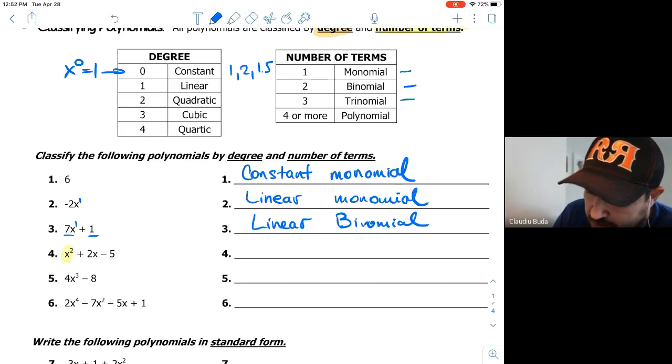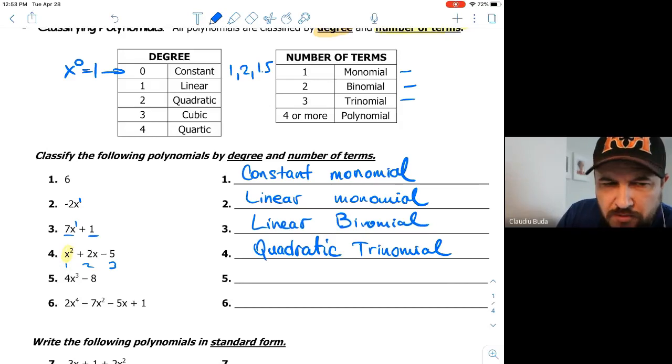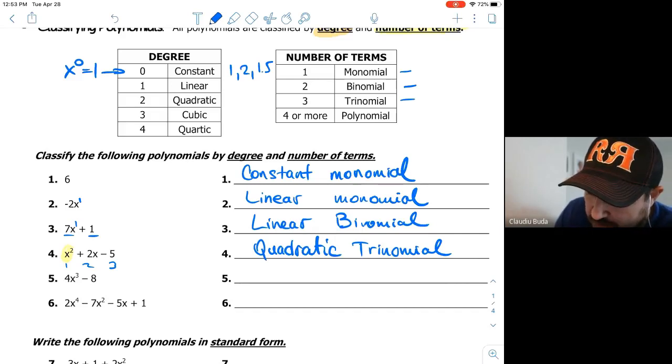So that is a quadratic. And we have what? 1, 2, 3 terms. So that is a trinomial. Quadratic trinomial. 4x cubed minus 8. So x cubed, that is a cubic. And we have 2 terms, cubic binomial.